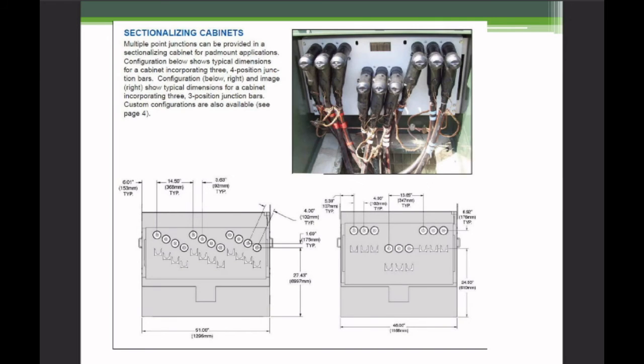Even some of the air break stuff is elbows based. And these elbows can serve as a switching element. You can put a stick on one of these and pull it out, and a lot of our switching cubicles will have places to park the elbows when they're not actually attached. So you can pull the elbow out of here and then hang it from this holder.